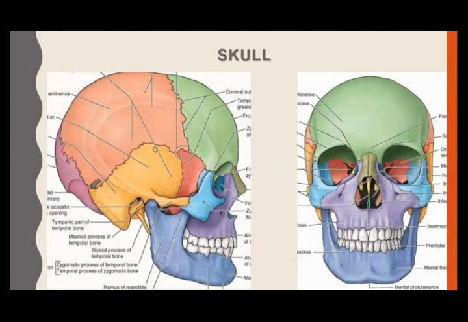Okay, now let's go to the lateral view. In the lateral view, the green is the frontal bone. Okay, this is what we determined. We also said that the border of the orbit is made by the frontal bone.